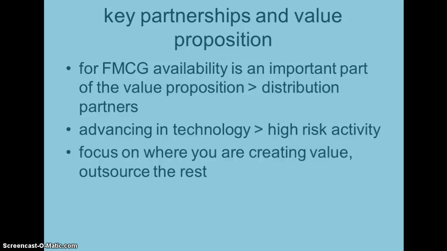So how does the key partnership relate to the value proposition? Some examples. Well, if you have fast-moving consumer goods, the availability is of course a very important part of the value proposition. And so, for example, supermarkets or retail chains as distribution partners are key.